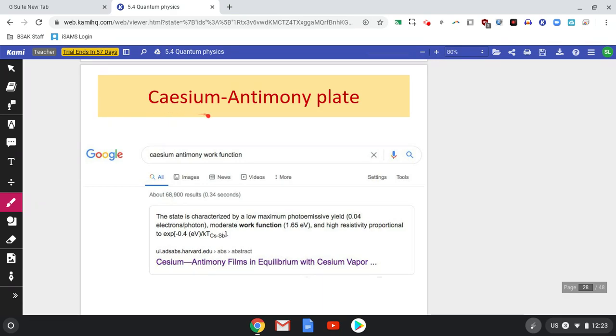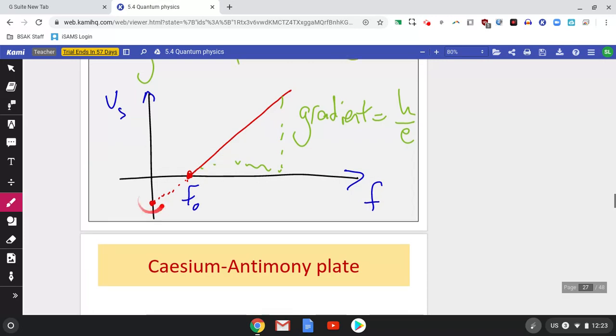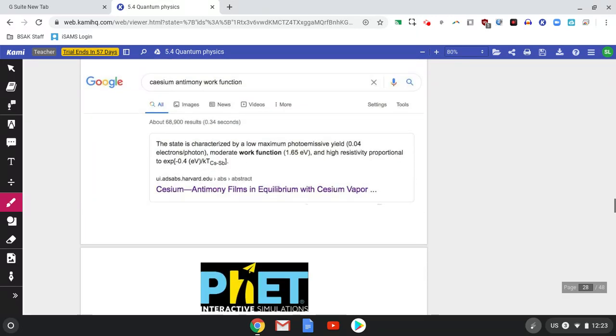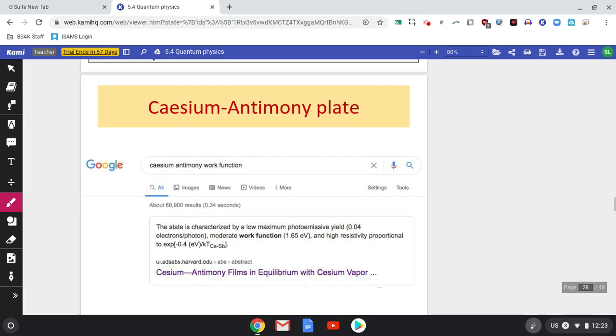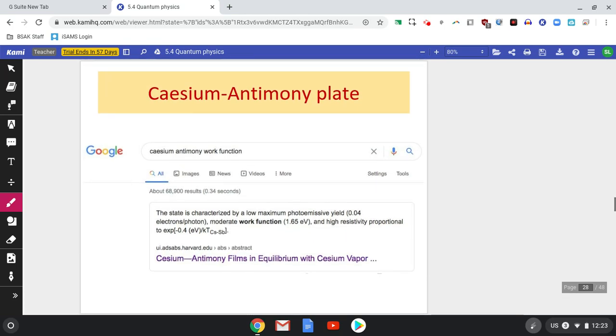It's actually a mixture of two different elements, cesium and antimony, that can be used together as an alloy. And just done a bit of Google research, they give us a work function of 1.65 electron volts. So this thing here should be giving you a work function of 1.65 electron volts, in theory. Anyway, let's find out.